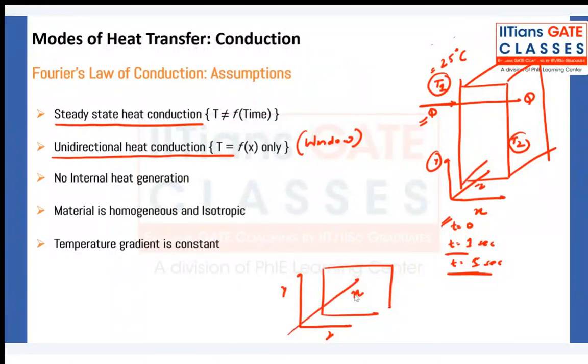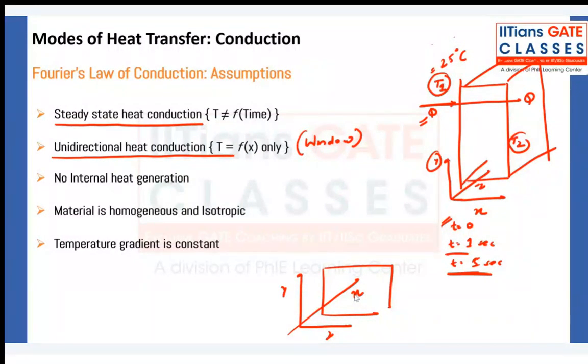That is the case of one dimensional heat conduction. Temperature is changing in only one direction, x. It can change in the y and z direction, yes, but the change in temperature is very insignificant, so we can neglect it.